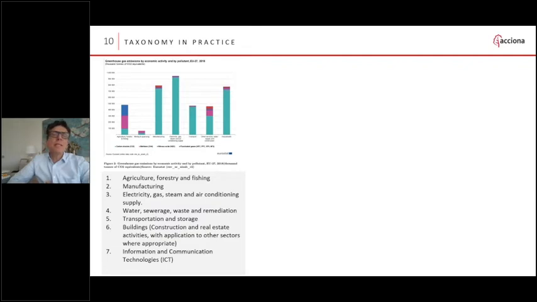Let me explain how it works and what the result was of applying this exercise to Acciona's activities. As my colleague has explained very well, we have the most contributors of CO2 emissions in the European Union, these six sectors, and also an enabling sector that is ICT.